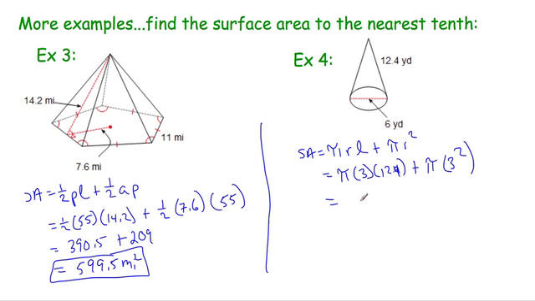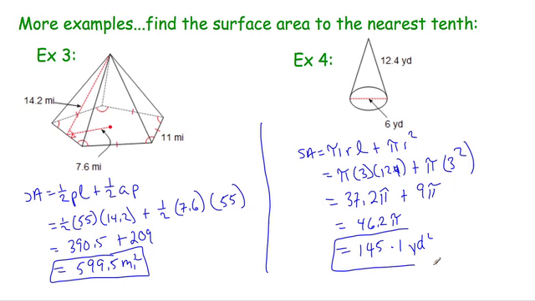Multiply this out. We get 37.2 pi plus 9 pi. That gives us 46.2 pi. And then, since we need to round to the nearest tenth, we should get 145.1 yards squared. All right, so that is surface area.